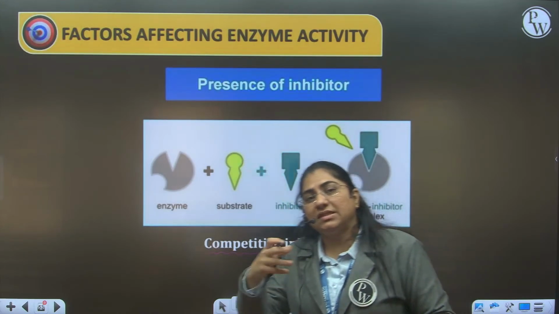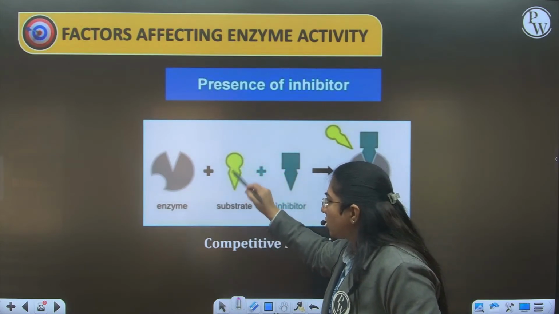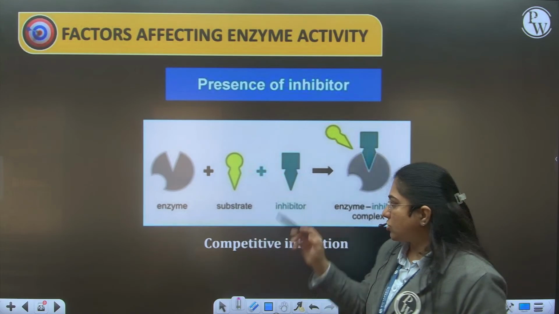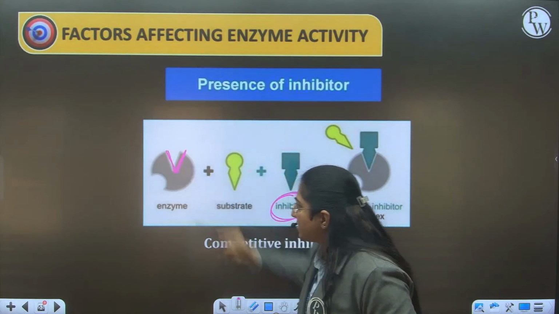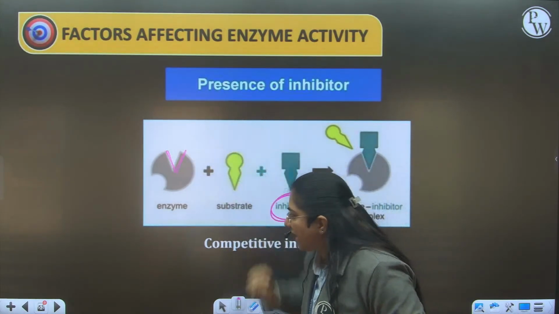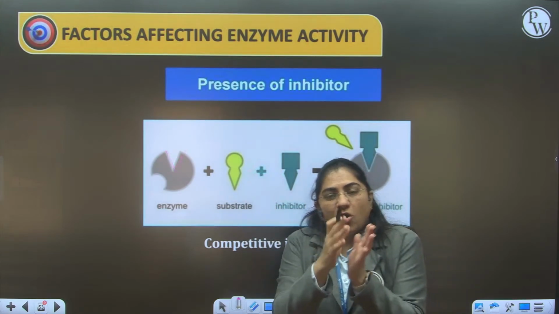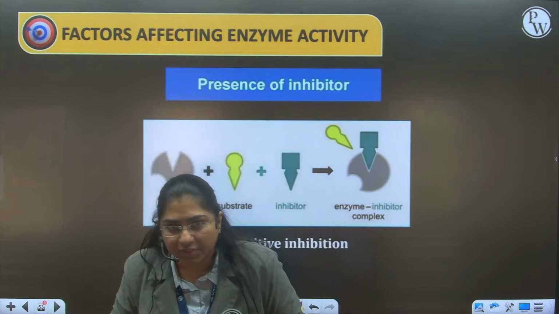There are certain chemicals whose structure very closely resembles the substrate structure. So they will compete for the active site of the enzyme. They will go and bind with the active site of the enzyme, not allowing the substrate to bind. So obviously, if the substrate does not bind, the enzyme activity reduces.